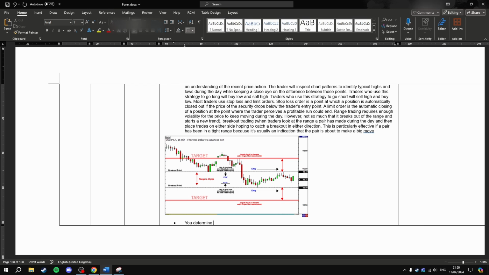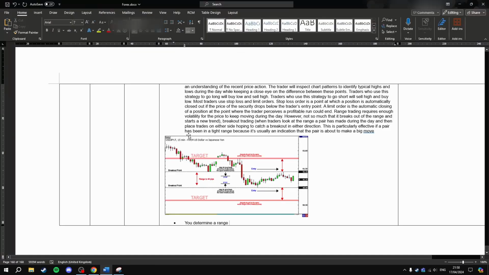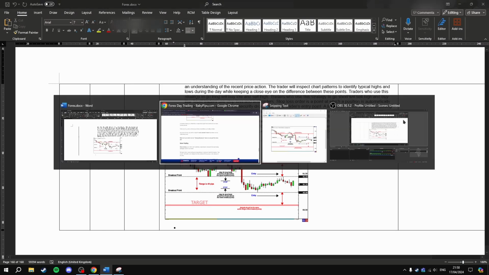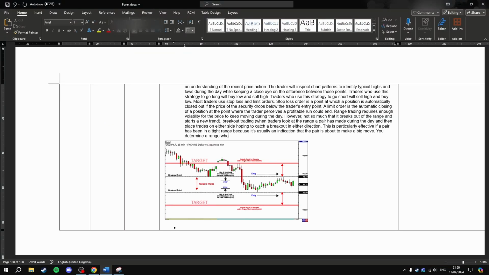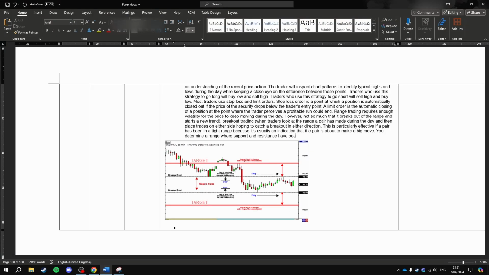You determine a range where support and resistance have been holding strongly.